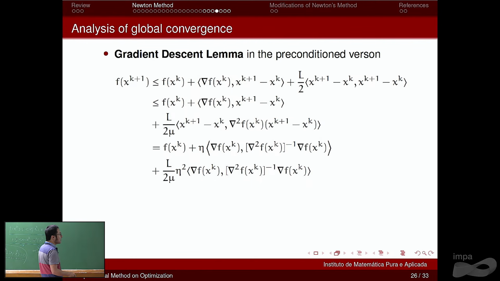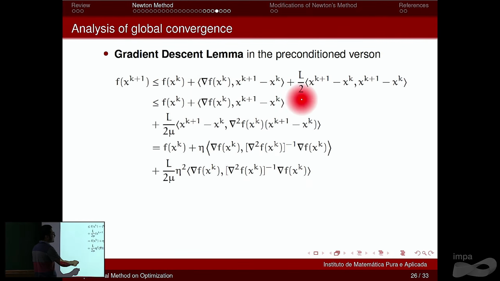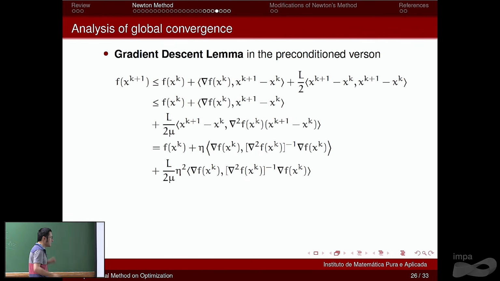Because here you can have an identity, and the identity equals the Hessian times the inverse of the Hessian. So you use the bound of your Hessian matrix here. You have this first inequality, and then you rewrite this.